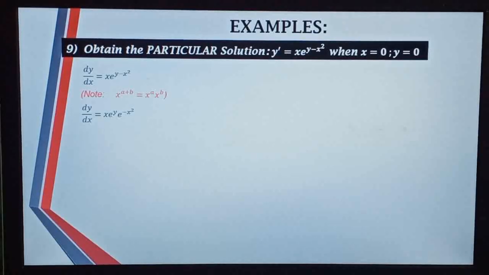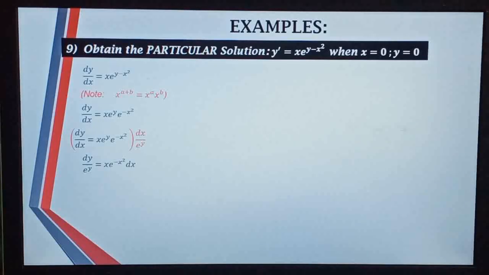So, para ma-separate natin ngayon si x and y, we have to multiply the equation by dx over e raised to y. So, pag minultiply na natin siya sa dx over e raised to y, we will now have an equation of dy over e raised to y equals x e raised to negative x squared dx.